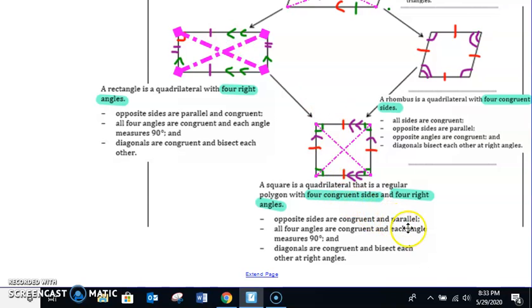The other thing I notice is that they bisect each other, which means they're cutting each other in half. So this half and this half are the same, and this half and this half are the same. They are also bisecting each other at right angles. So what that means is where they come together in the center here, they are forming a right angle. They're crossing at 90 degrees. So you could say those diagonals are perpendicular to each other.